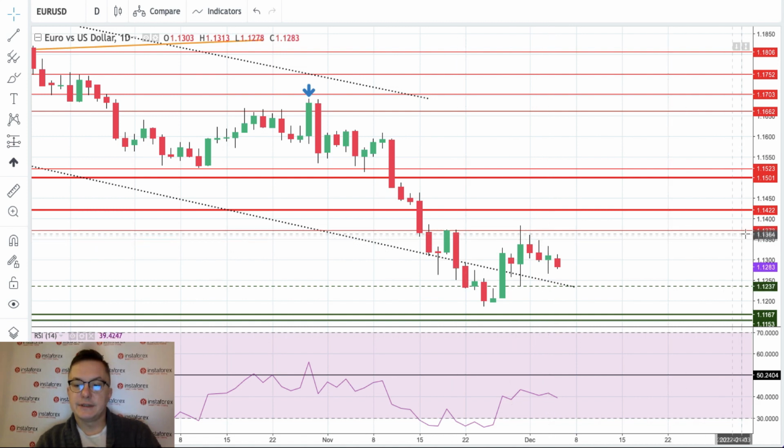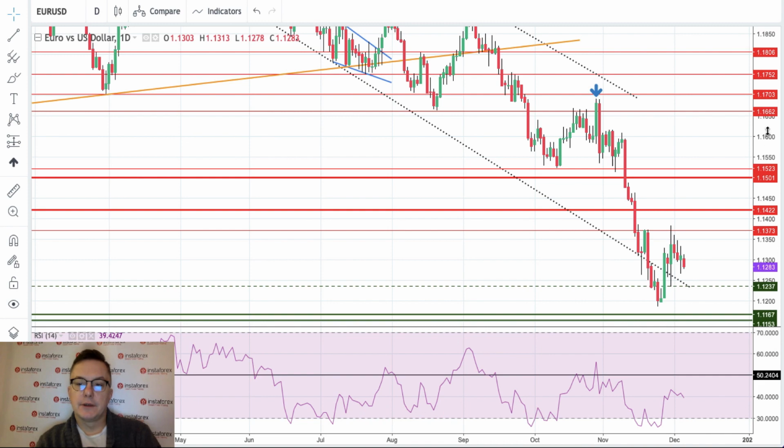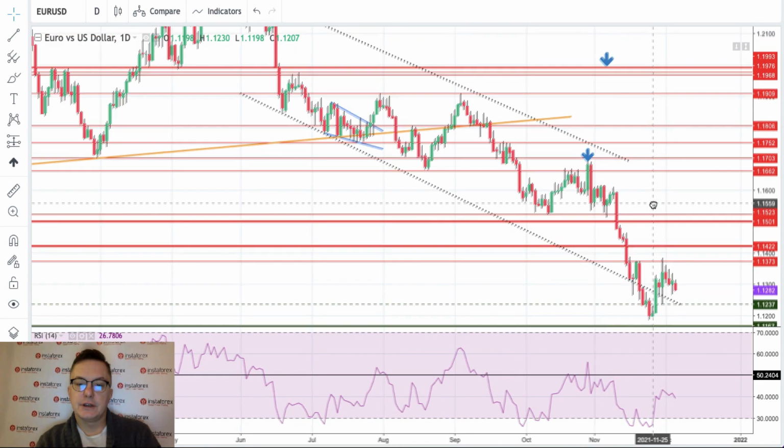Of course, the resistance is still at 1.1373, so nothing changed here. And as long as we are not visibly and clearly above 1.1422, 1.1501, this market is still in the downtrend. This market is still trending lower.